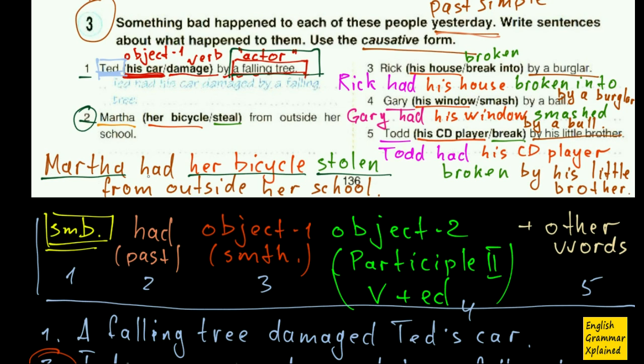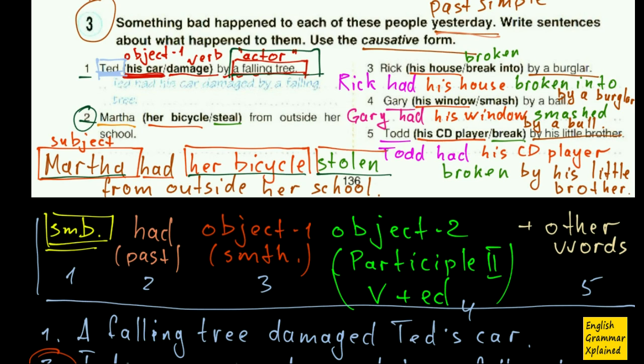The main feature of causative form is that the main person, the main character, is my subject, who or which actually doesn't do anything in my sentence. It just occupies the first position. That's it. Then we have had in different tense forms. It could be future, it could be past, it could be perfect, whatever. Then we have object number 1. That's actually the thing on which the action is performed.